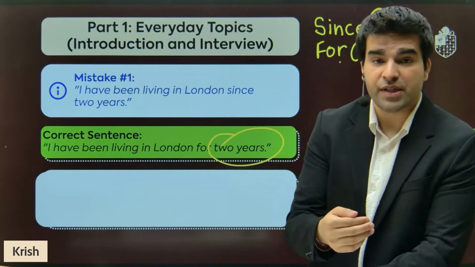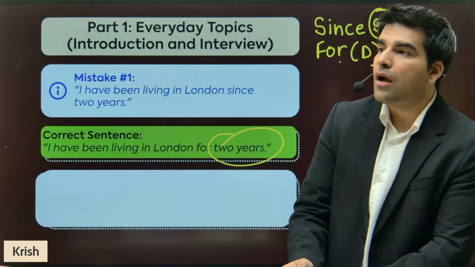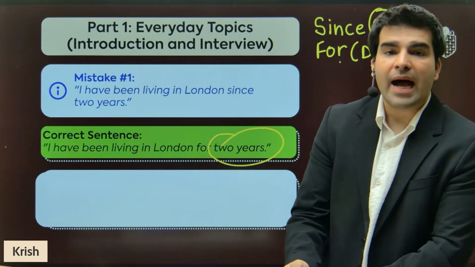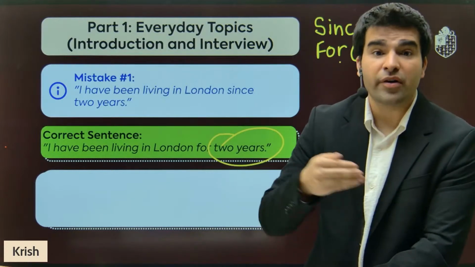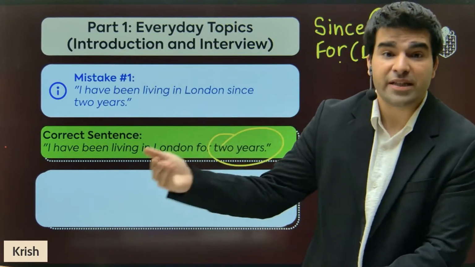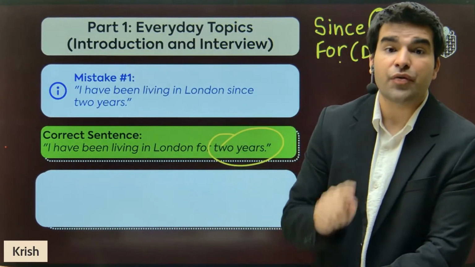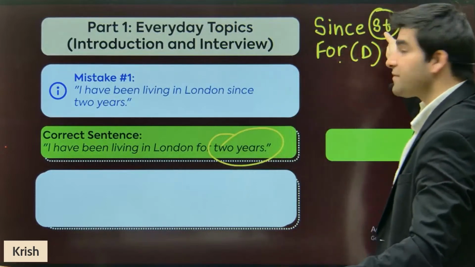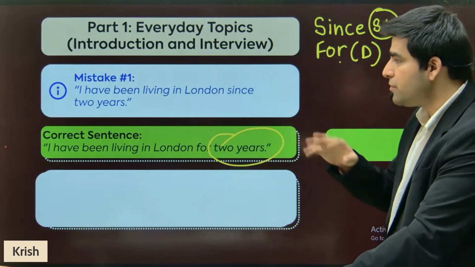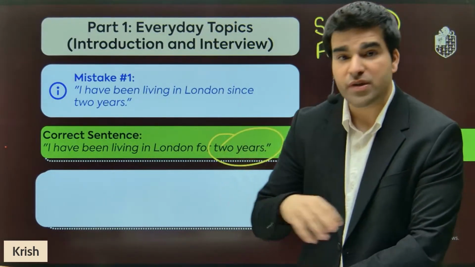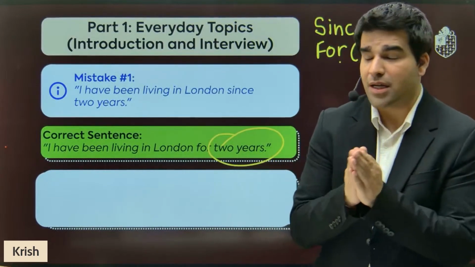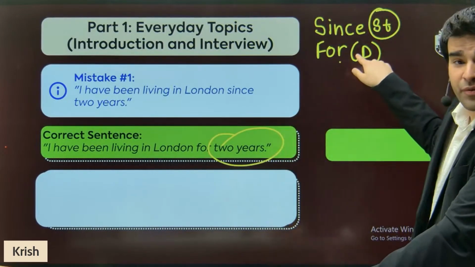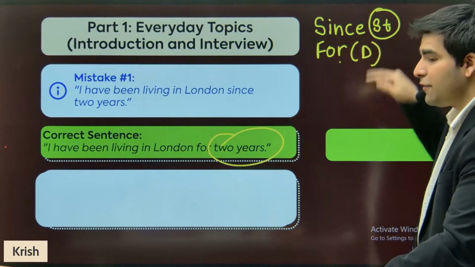So you say, I have been exercising daily since February 10th, 2024. Then you use "since" because it is a specific time in the past. Remember that. The next time you're confused about "since" and "for," this is the basic funda: "for" for duration, and "since" for specific time.